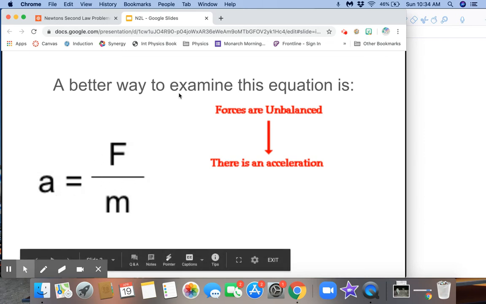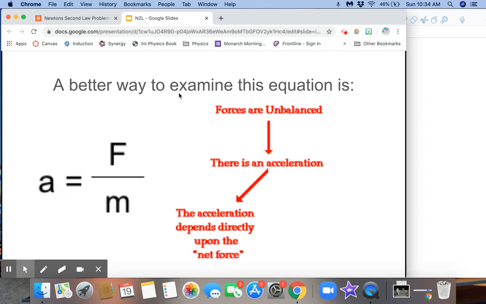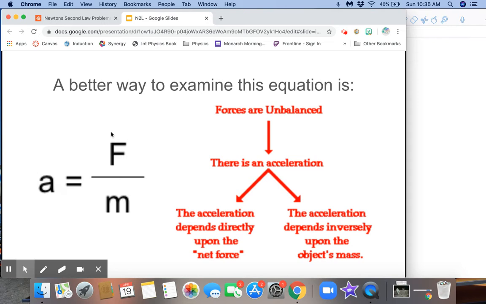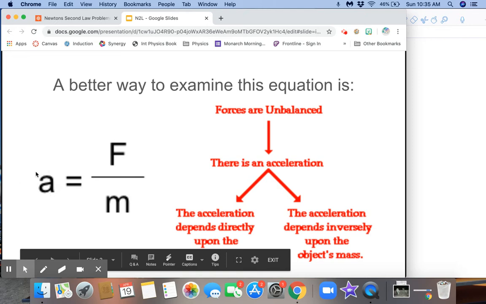The acceleration depends directly upon the net force, meaning when net force is bigger, acceleration is bigger. When force is smaller, acceleration is smaller. They're directly proportional. And it also depends inversely upon the object's mass, meaning when the mass is huge, the acceleration is small.